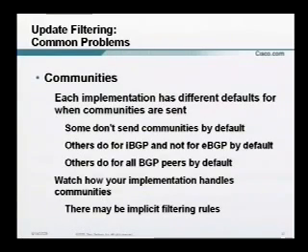Communities. A lot of ISPs are using communities. It seems to be each implementation has different defaults for when communities are sent. Some don't send communities between peers at all. Cisco. Others do for iBGP and not for eBGP. Sensible. Others do for all BGP peers by default. You need to understand and watch how your implementation actually handles communities, especially if you're mixing different brands of router in your network.